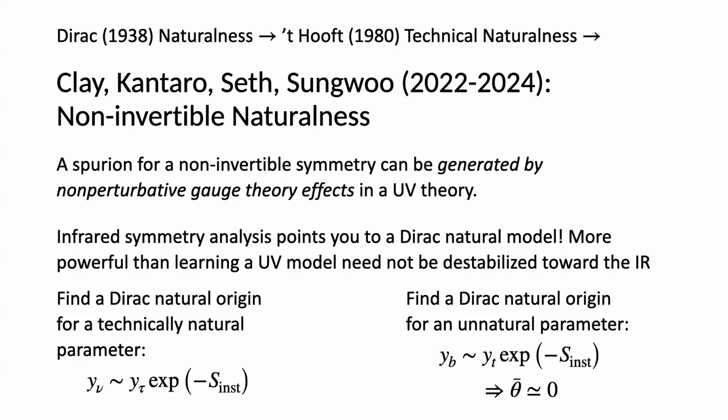And here we're learning from an infrared symmetry analysis about what sort of mechanism some non-perturbative gauge theory effects could actually produce that small number. And so the examples I'm going to go over in the rest of the talk are cases where we've used exactly this logic to find a Dirac natural theory producing either exponentially small Dirac neutrino masses or automatically theta-bar equals 0, the strong CP problem.